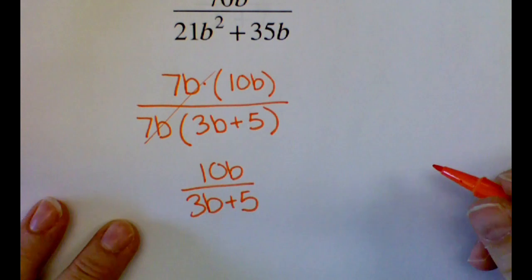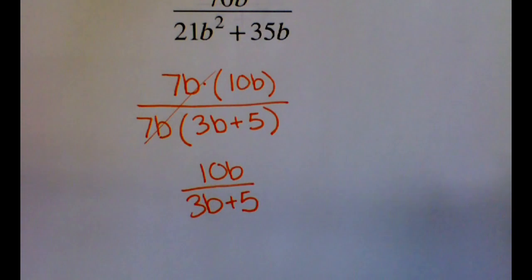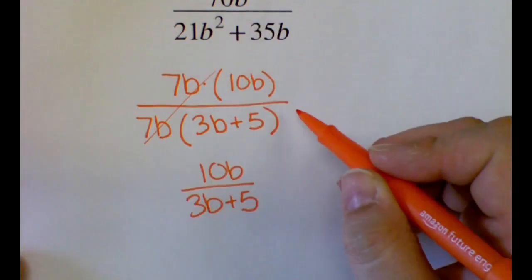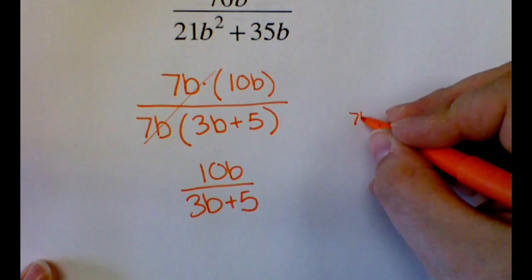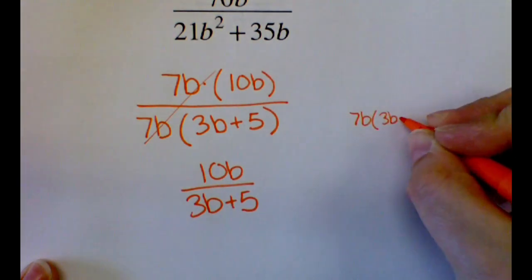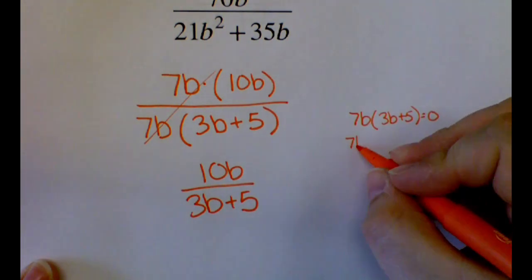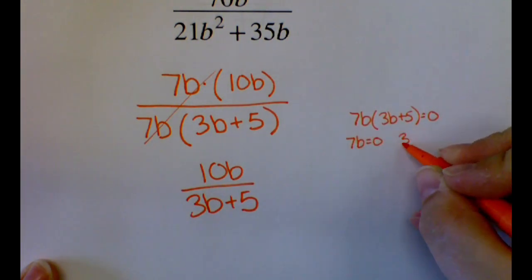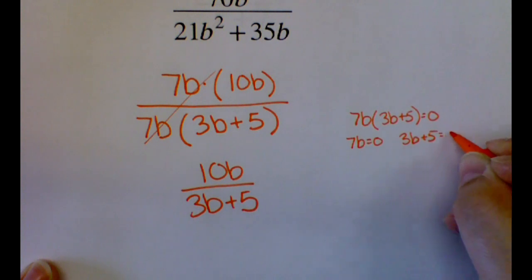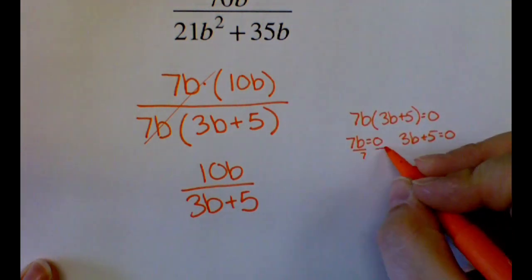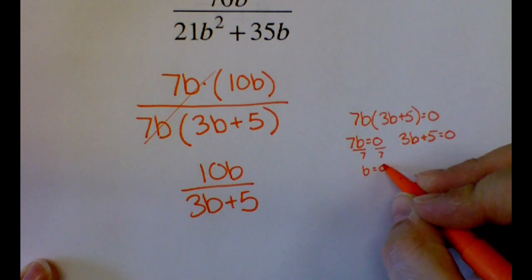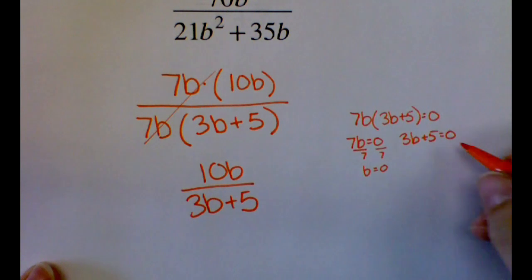The other trick to this is saying what b could not equal. Anything that would make your denominator equal 0. So what things make my denominator equal 0? Well, remember, it's already factored, so 7b equals 0 or 3b plus 5 equals 0. b equals 0 would make the denominator 0.